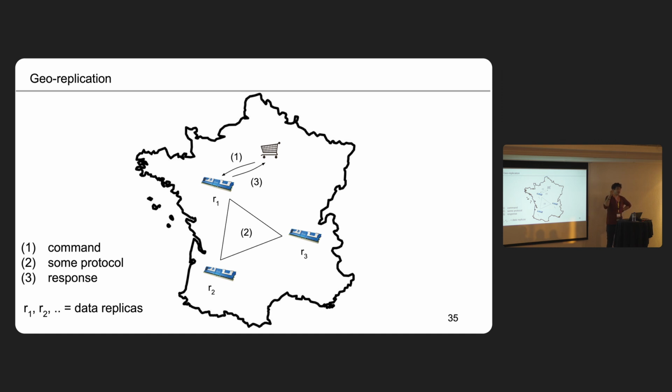So you want to access, for instance, register something in your shopping cart, and we will replicate the item you're buying at different locations, and you have this command to access. Then we do some protocol to coordinate the data replicas, and then we reply back to the client.